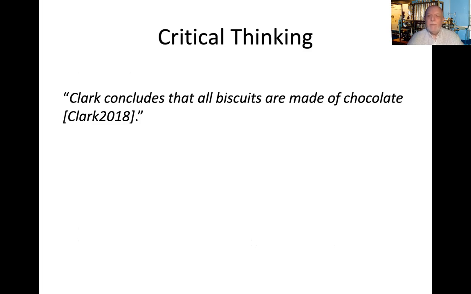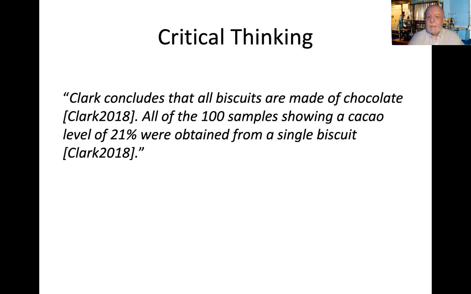Do we actually believe that? Do we think that's really true? Okay, let's delve a bit deeper. Why did they make that conclusion? They made that conclusion because in their experiments, all of 100 samples showed a cacao level of 21%, the thing that we can count as chocolate, and they were obtained from a single biscuit.